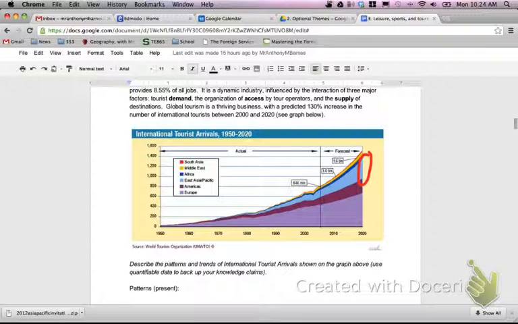Does anyone have any questions on this graph? Okay, just to review, what you need to remember is that the trend is that there's an increase over time.